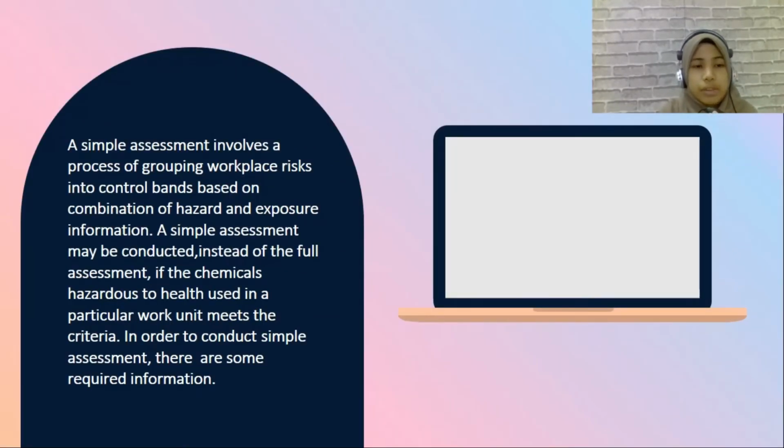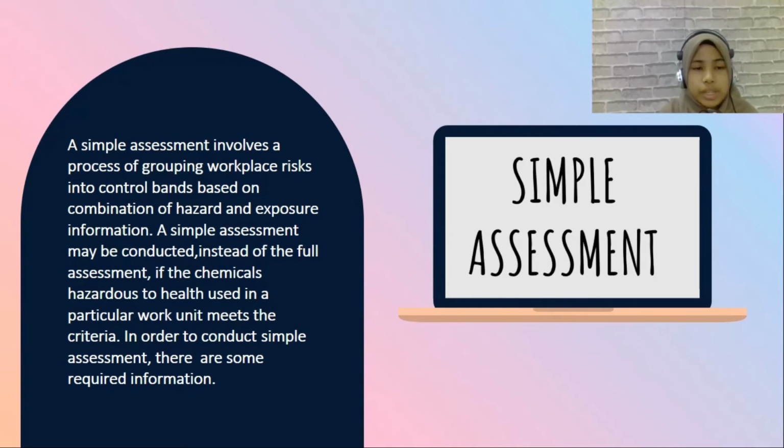Simple assessment involves a process of grouping workplace risk into control bands based on a combination of hazard and exposure information. A simple assessment may be conducted instead of the full assessment if the chemicals hazardous to health used in a particular work unit meet the criteria.